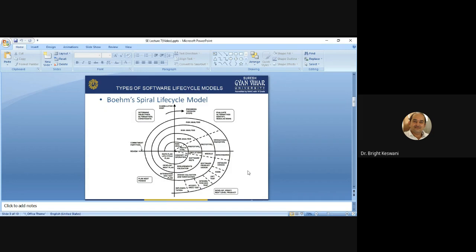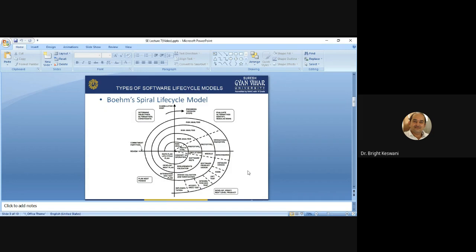So we can say that a spiral model provides you several options to resolve risks and to purify, to refine your software system. The second benefit of a spiral model is, in appropriate situations, the spiral model becomes equivalent to one of the existing process models, and in other situations, it provides guidance on the best mix of existing approaches to be applied to a given project.